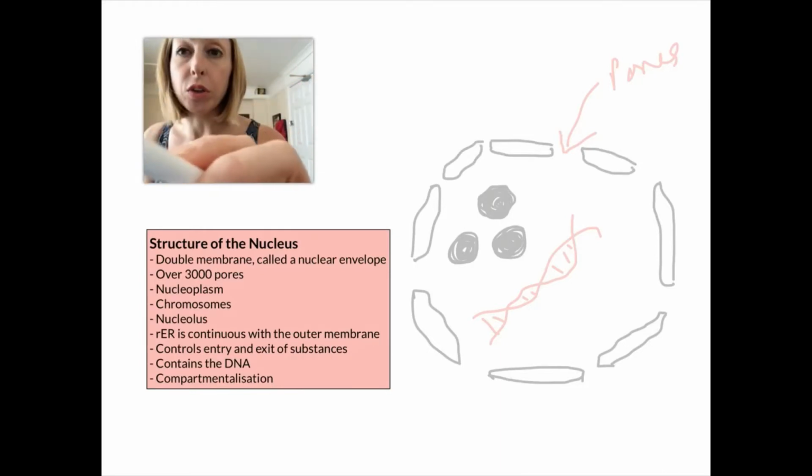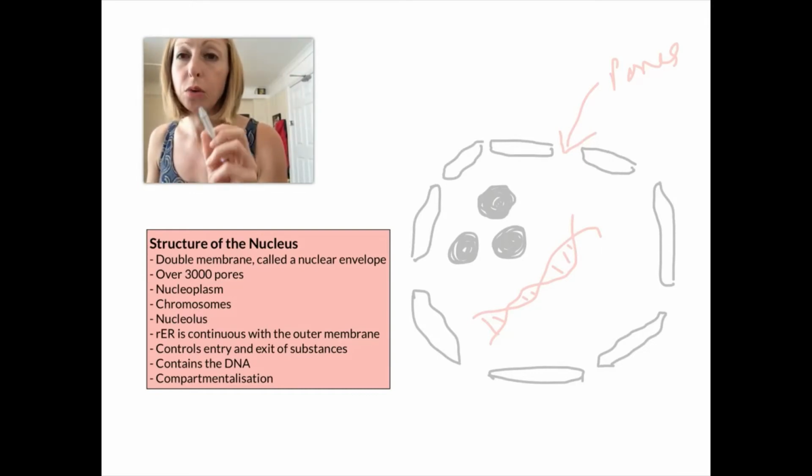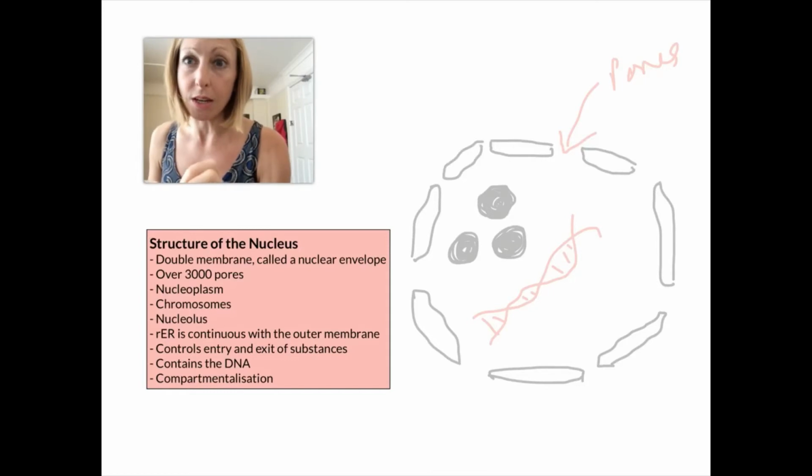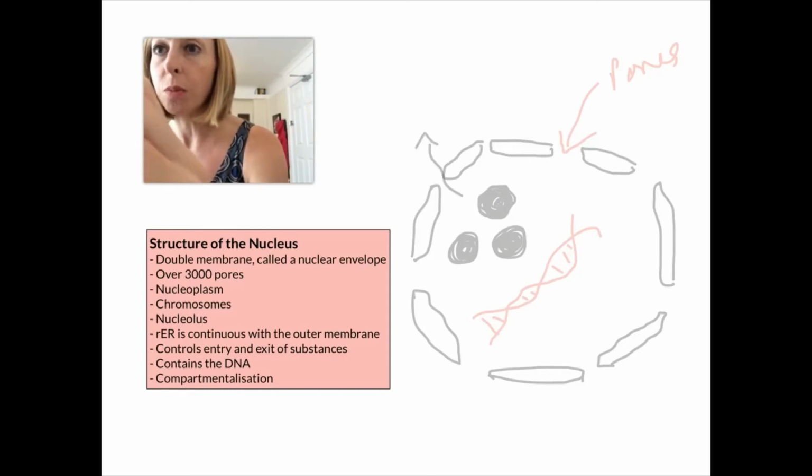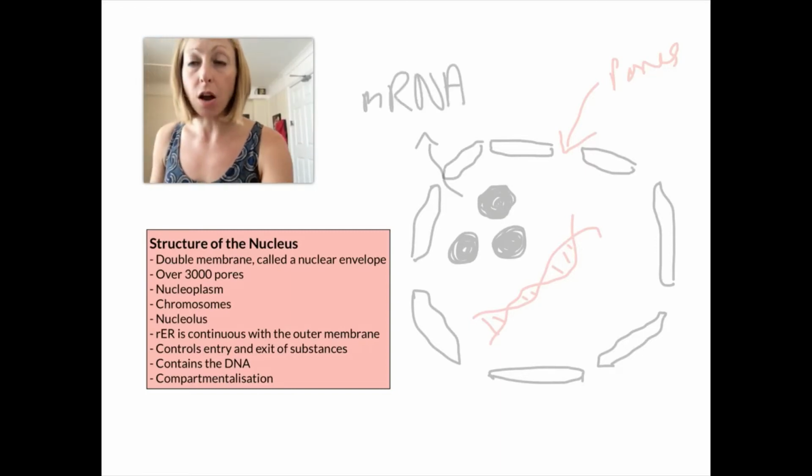The whole point of the nuclear pores is to allow large molecules to move out. Now, not large molecules as big as the DNA, but large molecules such as, for example, messenger RNA. Now, messenger RNA is something you're going to learn more about later on.